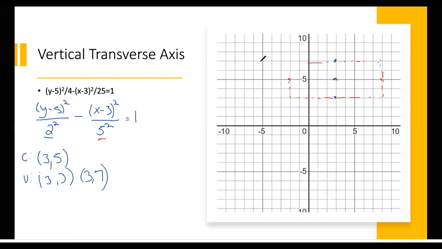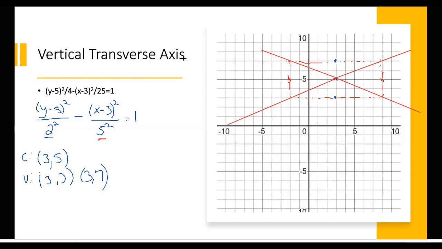When we draw a hyperbola, the asymptotes go through the center and the corners of our square. And when you draw this, again, you want to draw these as dotted lines. I just don't know how to do that, so I'm not doing that.